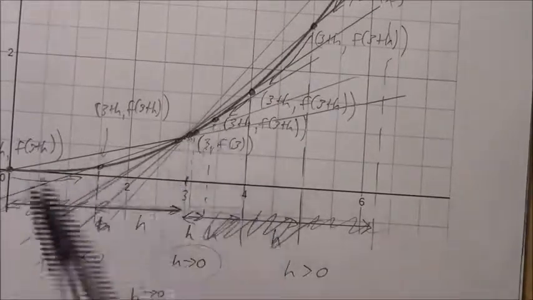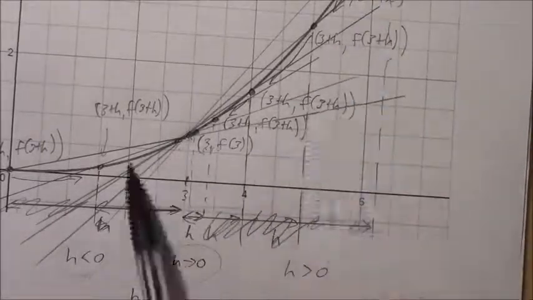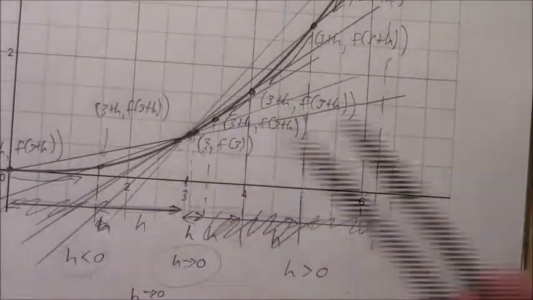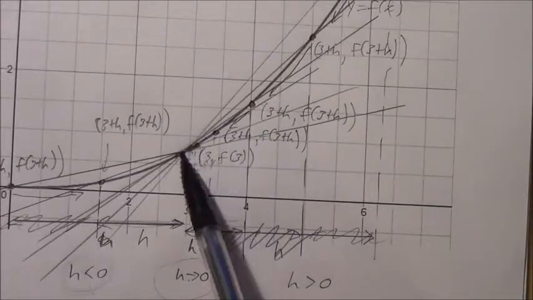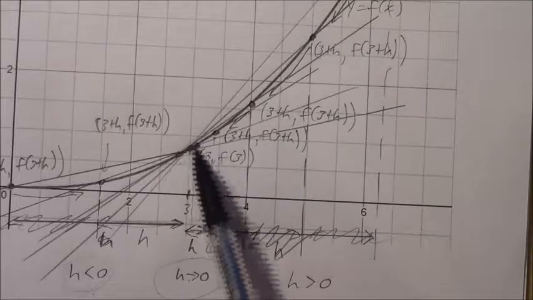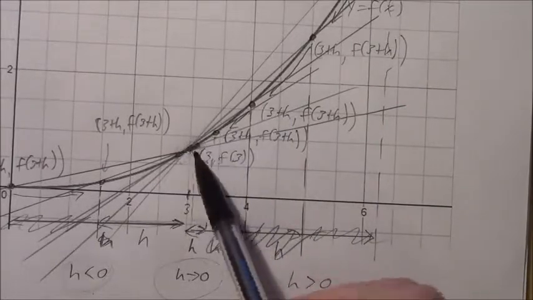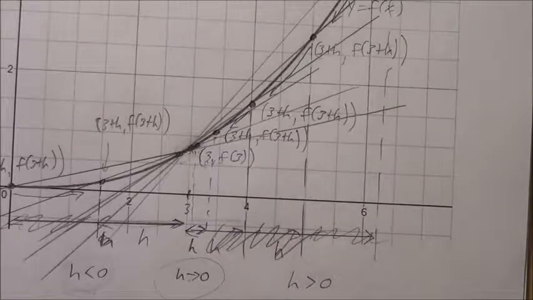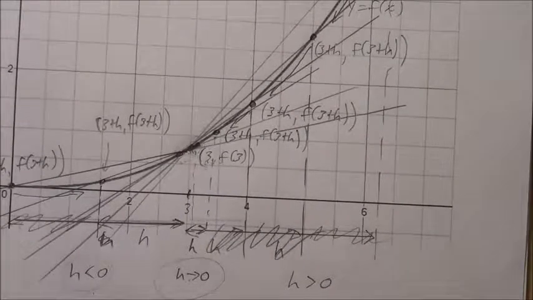This one will start to become steeper, and these secants will start to become less steep, in this example. If we took the average of the two closest gradients of the secant lines, that would be our approximation of the gradient at that point.